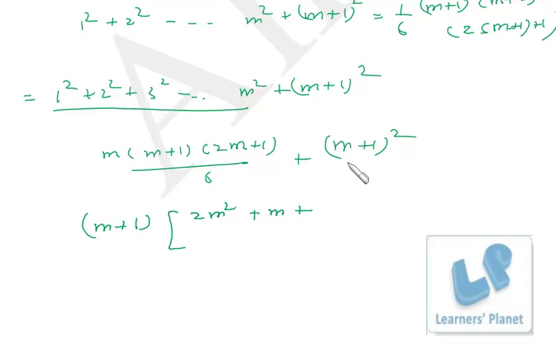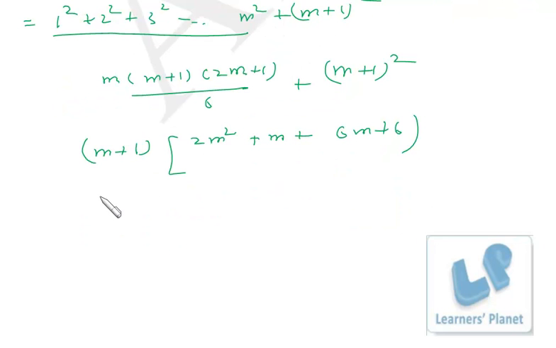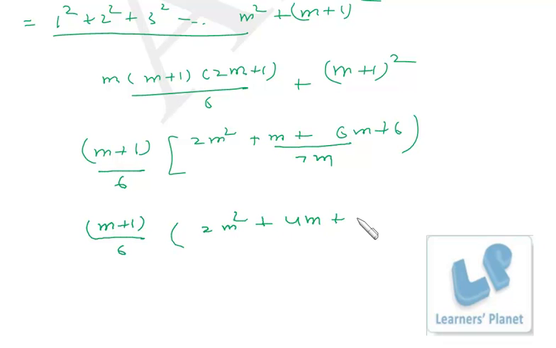then plus here m plus 1 I have already taken common, so we are left with just m plus 1, but we have to take LCM also, so it will be 6m plus 6, okay, divided by 6. M plus 1 by 6. Here it is 2m square plus 7m plus 6, right? So we can factor 6 into 2, 12, so 4 and 3 can be factors. So 2m square plus 4m plus 3m plus 6.